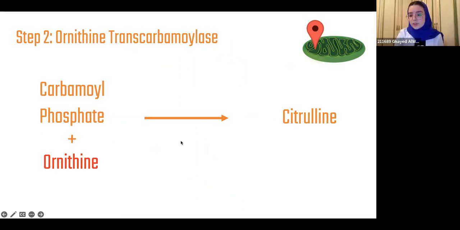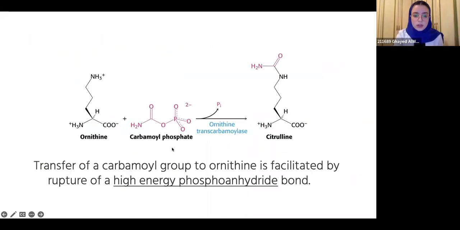Now the enzyme for this, the name's a little long, but I'll break it down and help you understand where it comes from. It's called ornithine transcarbamylase. So let's look at why it's named that way. Transcarbamylase basically means that we're transferring a carbamoyl group. And where this carbamoyl group comes from is carbamoyl phosphate.